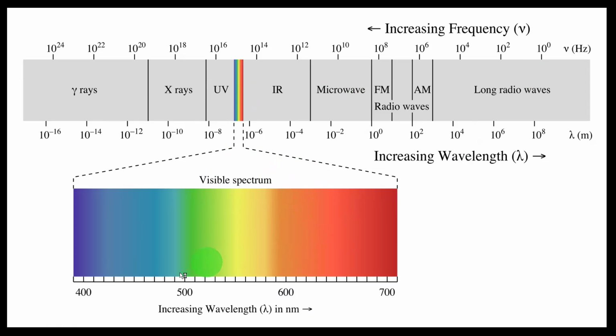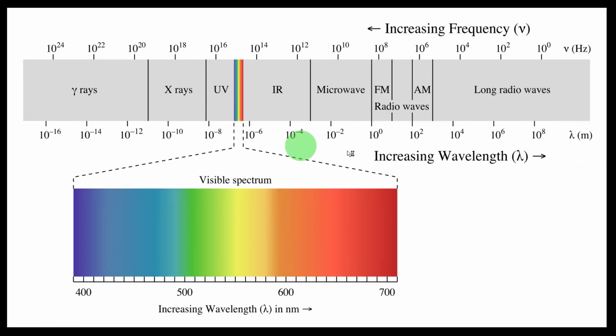This is called the color spectrum. The top side is frequency and the bottom side is wavelength. Wavelength is lambda, also a Greek letter, and its measurement is in meters. So in the visible area, the wavelength is very big: 10 to the power 8, 10 to the power 6, 10 to the power 2 is 100, 10 to the power 0 is 1, 10 to the power minus 2 is 0.01, likewise up to 10 to the power minus 16.